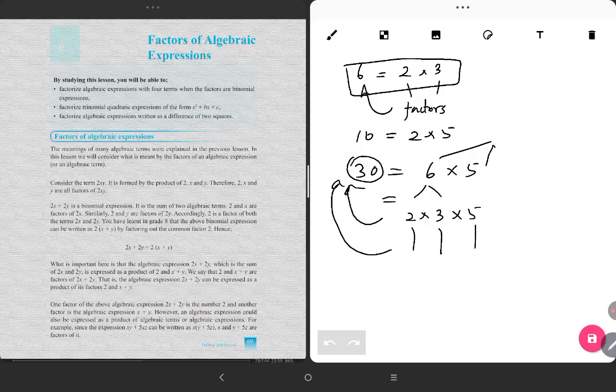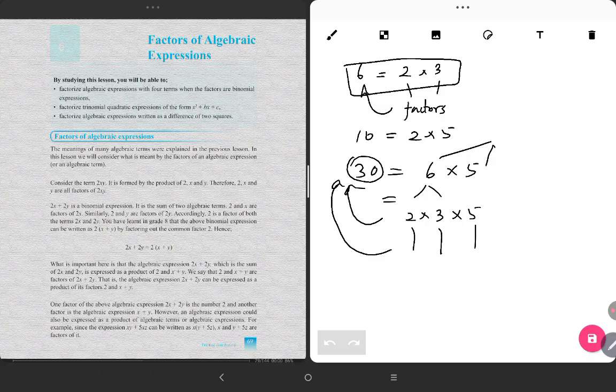So this notion of writing a particular number or something like an algebraic expression in terms of multiplication of two terms or two numbers, then we call those terms the factors.